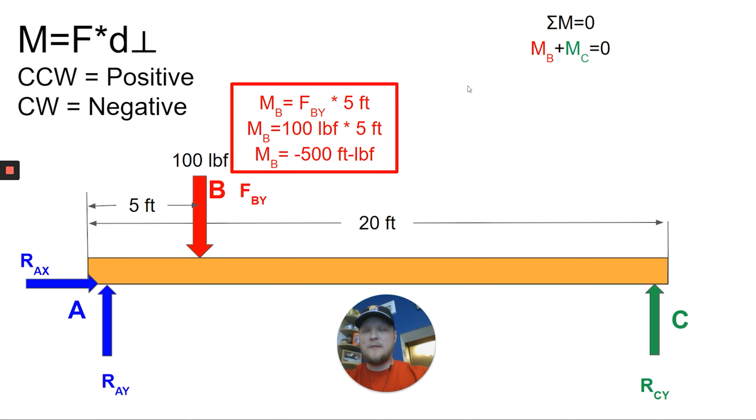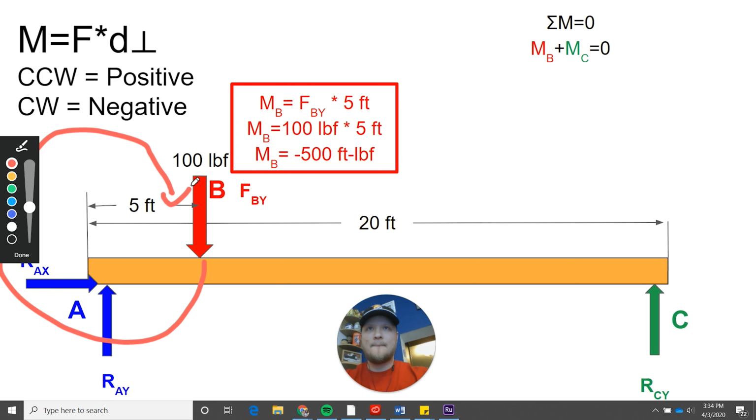The moment of B equals our force, FBY, times 5 feet, because the distance from point A to point B is 5 feet. We know that FBY is 100 pounds of force times that 5 feet. That's going to give us 500 foot-pounds of force. And this is negative because it causes a negative moment. It goes in a clockwise direction.